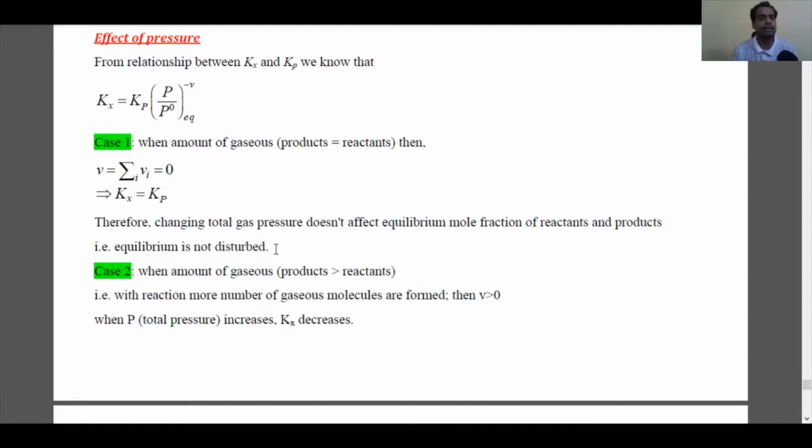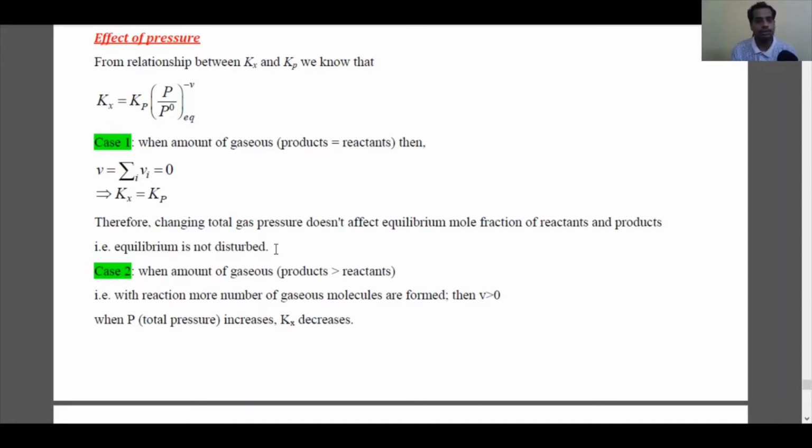That is, equilibrium is not disturbed. If the number of moles of gaseous products is equal to the number of moles of gaseous reactants, and I change the pressure, the equilibrium will not be disturbed. This is the first case.